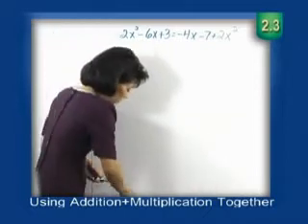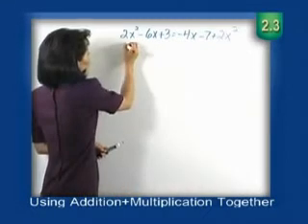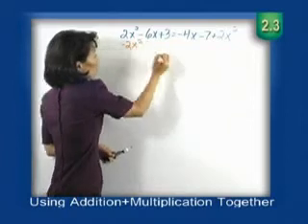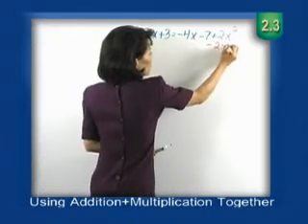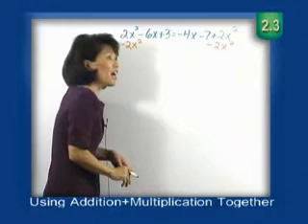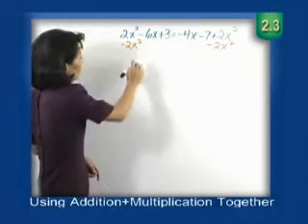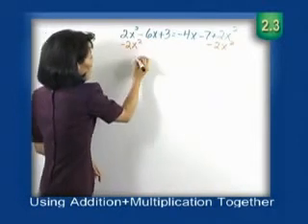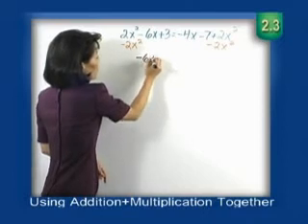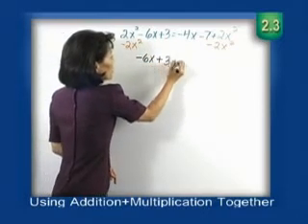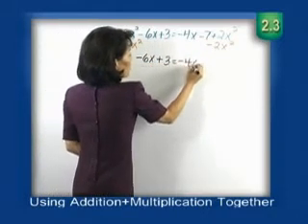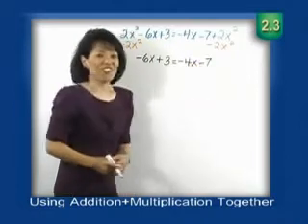So to eliminate this problem, I'm going to subtract 2x squared from both sides of my equation. Once I do, that will eliminate the 2x squared term. I'm left here with negative 6x plus 3 equals negative 4x minus 7.